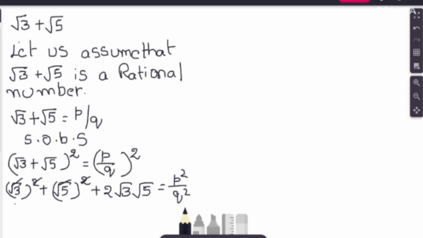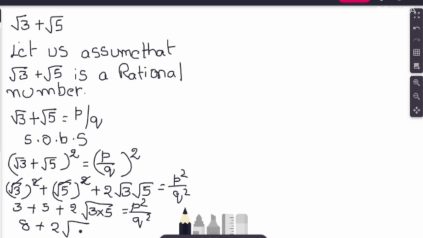The leftover is 3 plus 5 plus 2 root 3 into 5. Now 3 plus 5 is 8, and 2 root 15 is equal to p square by q square.